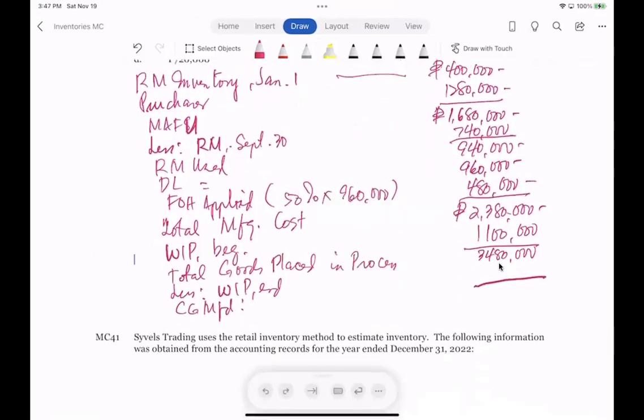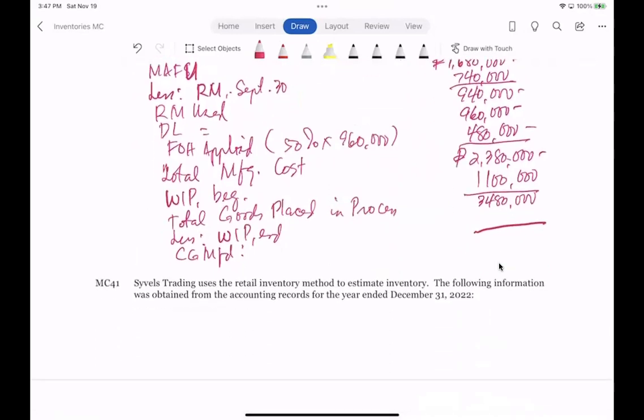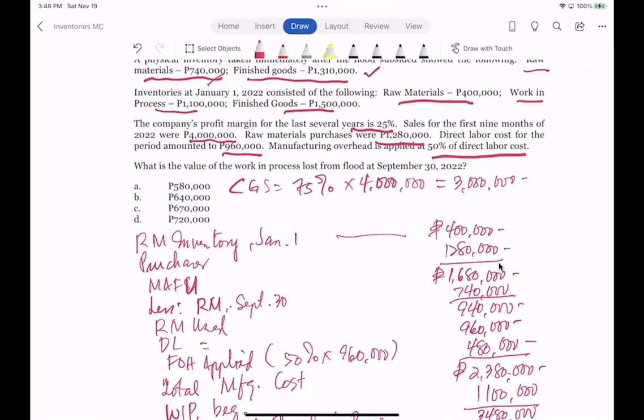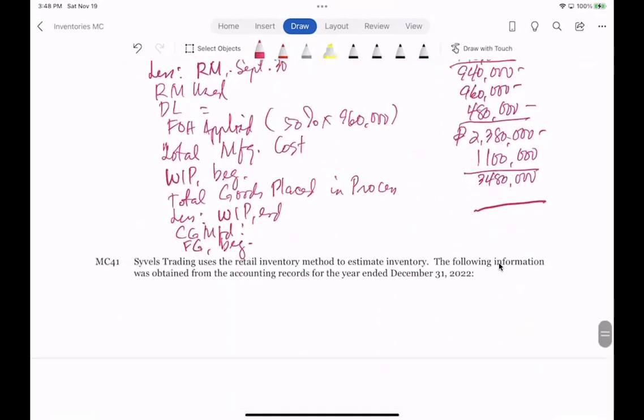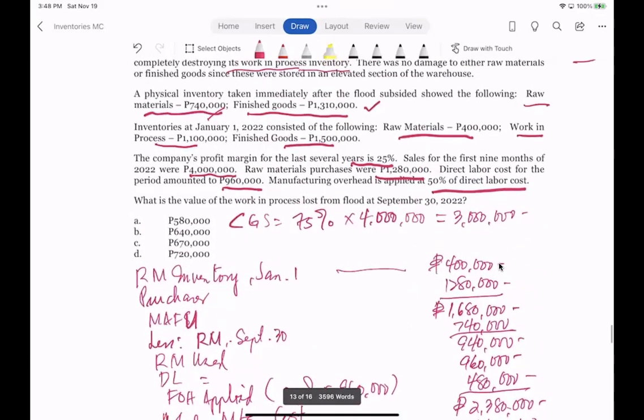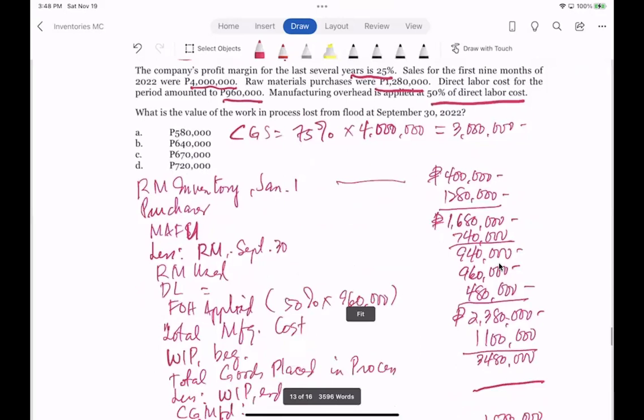Then we add finished goods beginning, which is 1,500,000. And deduct finished goods after the flood subsided, which is 1,310,000.